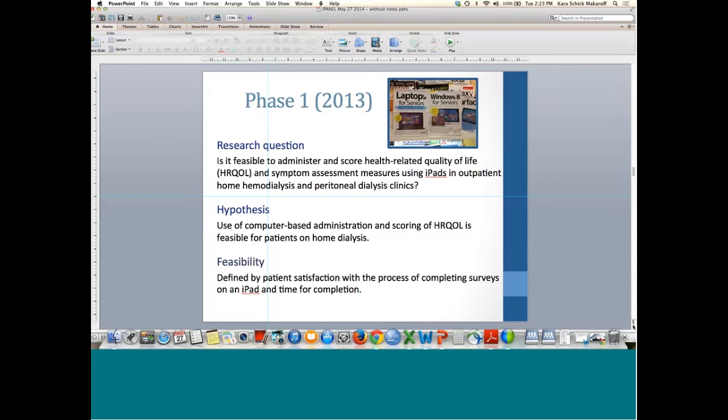I conceptually defined feasibility as patient satisfaction with the process of completing surveys on an iPad, and also the time for completing these questionnaires. Operationally, this meant that patient satisfaction and the time needed to complete these questionnaires needed to be studied and analyzed. And so this is what I did in this phase.